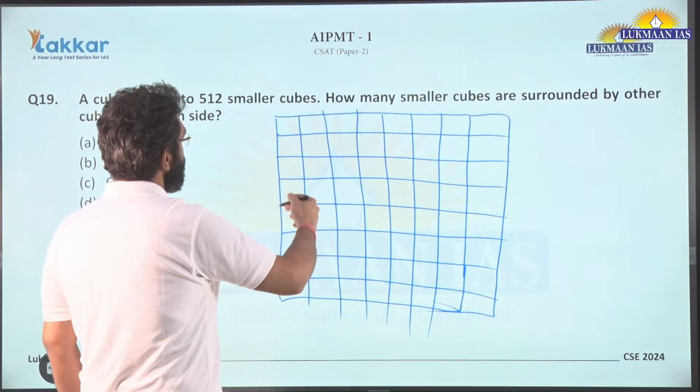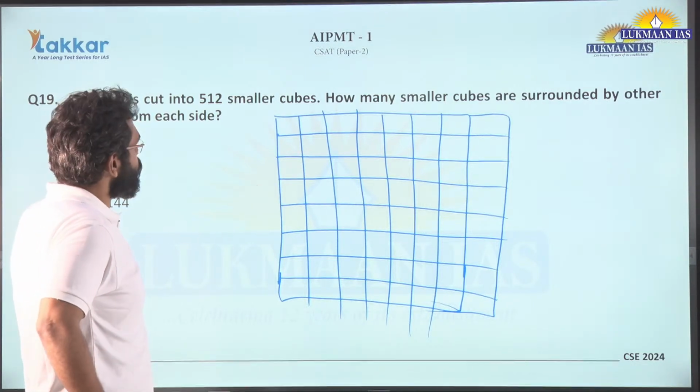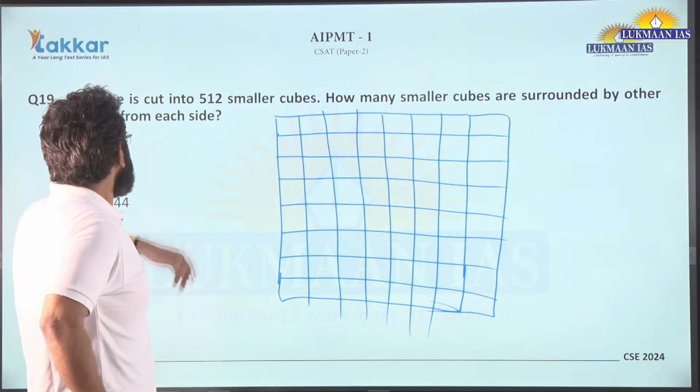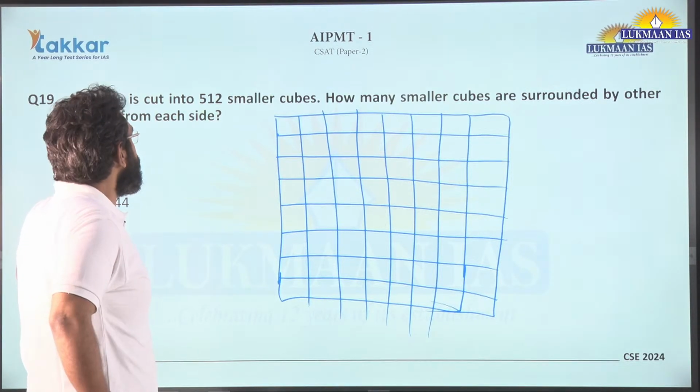And the similar thing would be repeated for all the three sides. We'll find that if we cut the larger cube to get 512 smaller cubes, we need to make at least 8 cubes on each side.